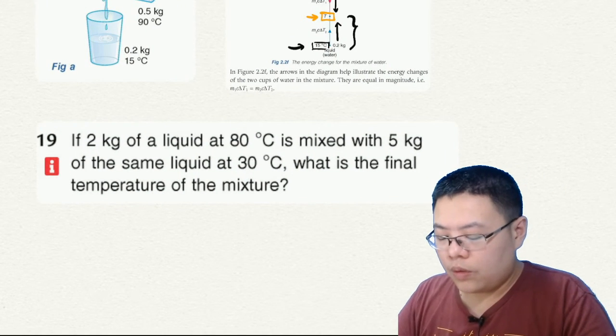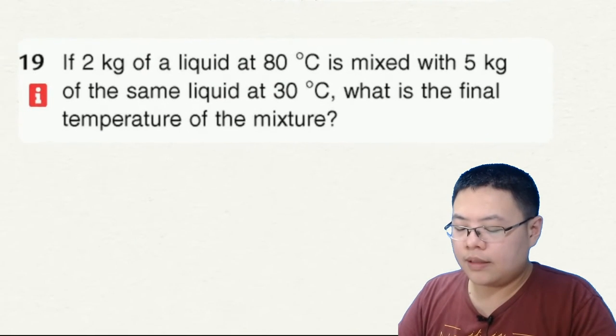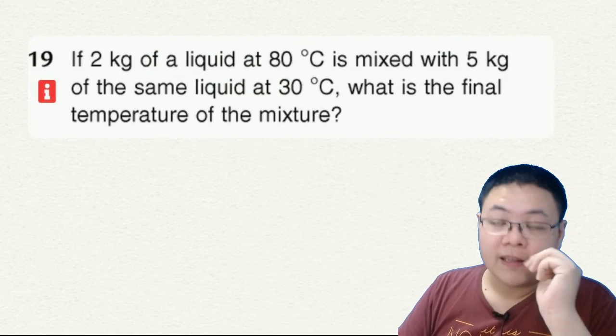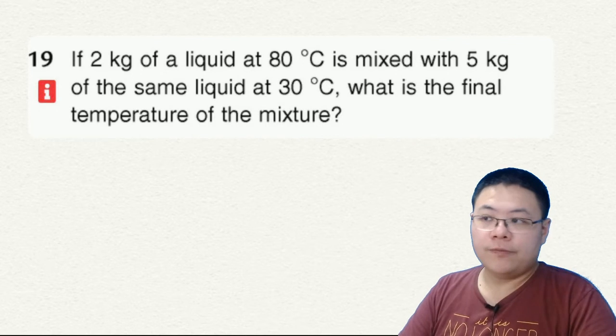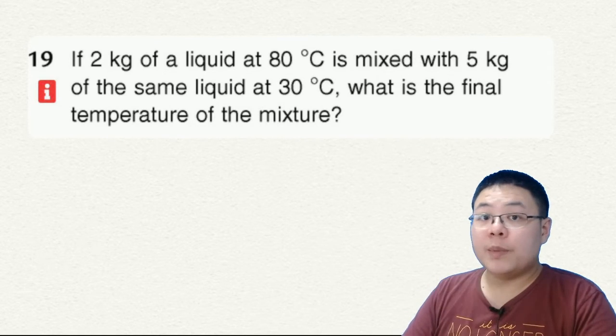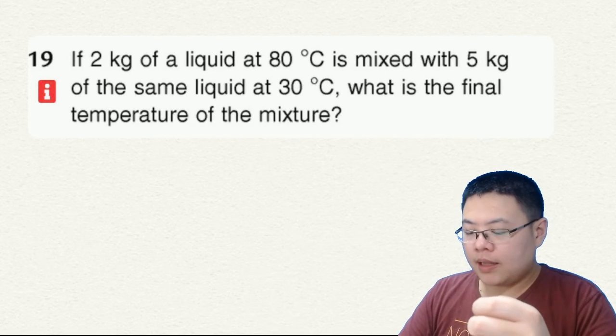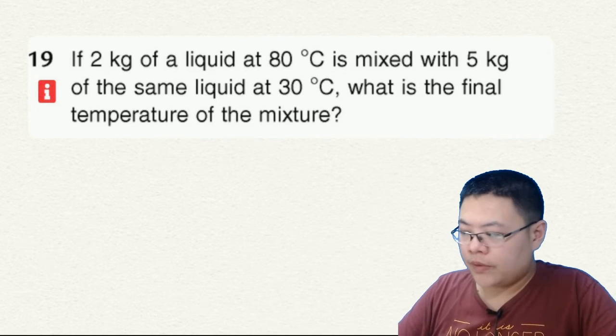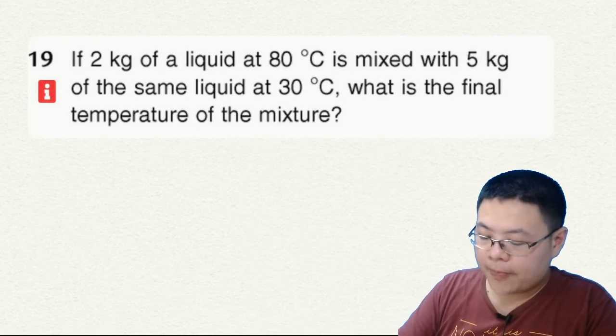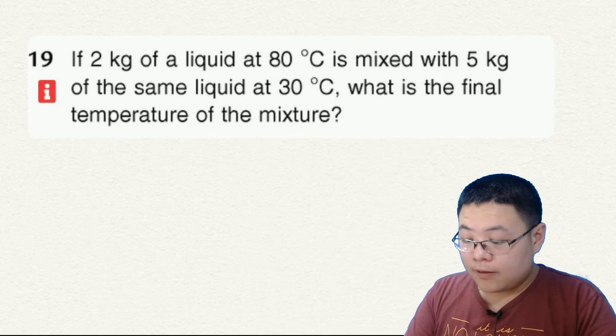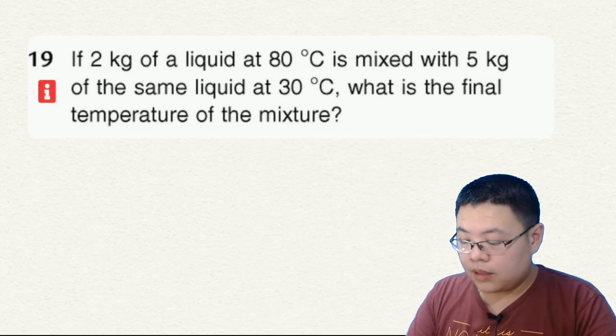Okay, so you can have a try. There is another question designed in a similar manner, and let's try it out. For example, here there is also a hotter liquid and a colder liquid.